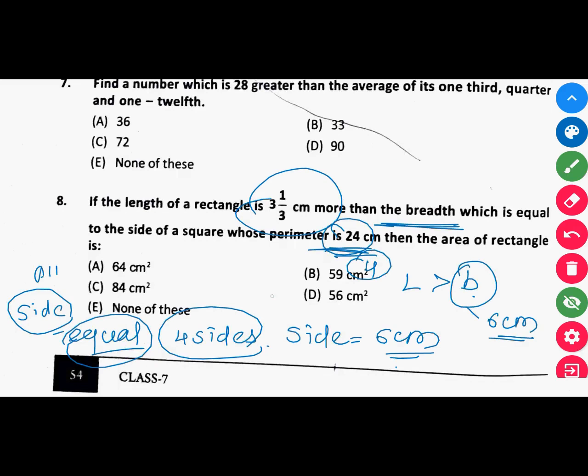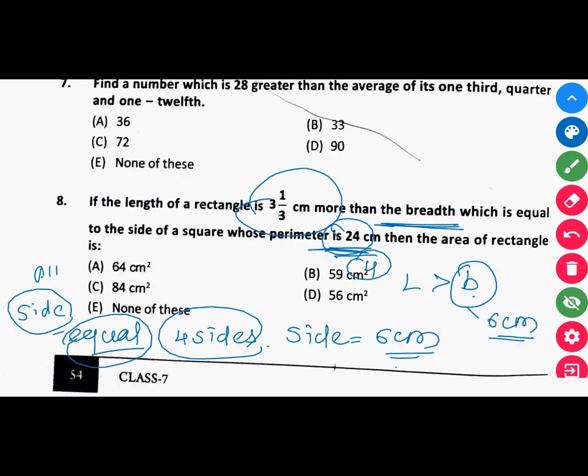So the breadth of the rectangle becomes 6 centimeter. Now what is the length of the rectangle? It is 3 and 1/3 centimeter more than the breadth, not 3 and 1/3 of the breadth. Just understand the difference. It is more than the breadth, not multiplied with the breadth.